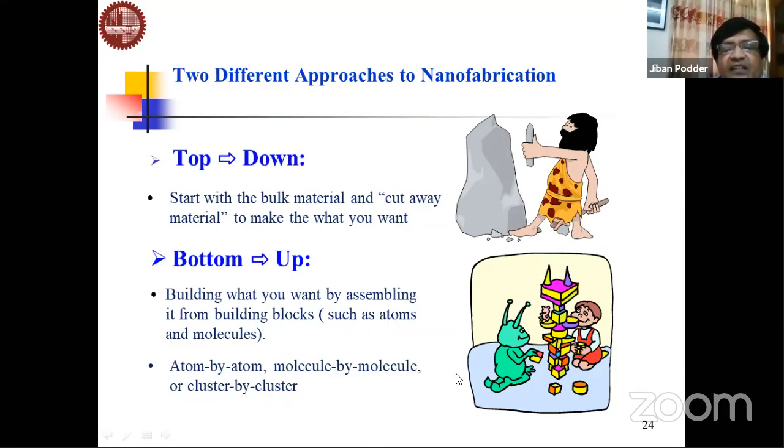We can assemble all these building blocks, like atoms, molecules, radicals, or ions, to form the bulk material, from the atomic level to the bulk material size.